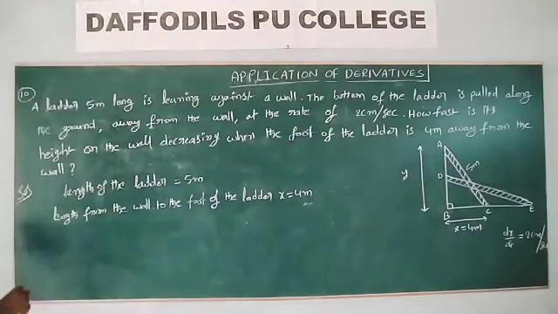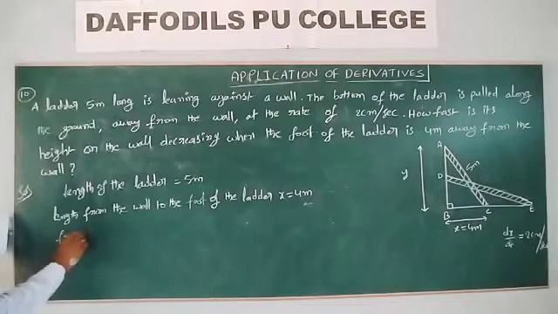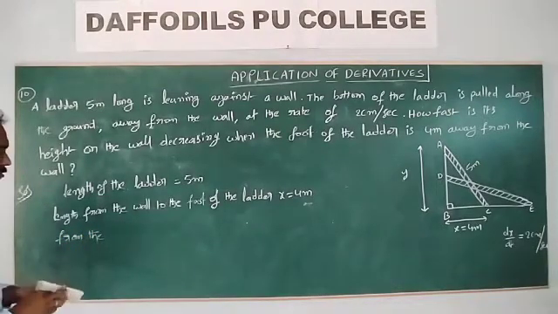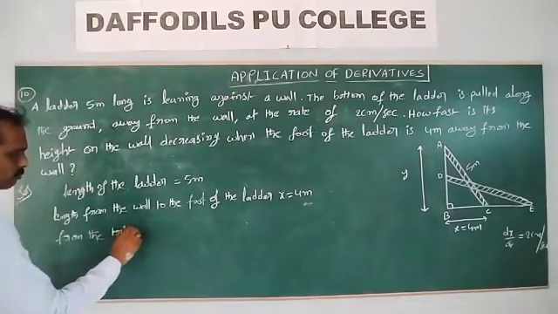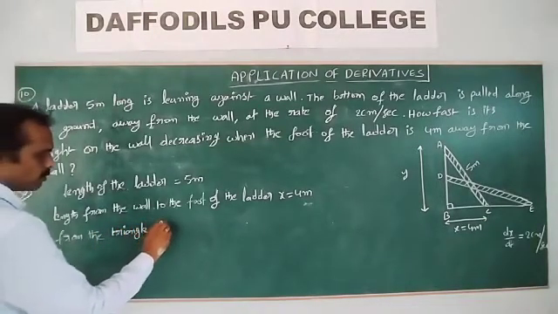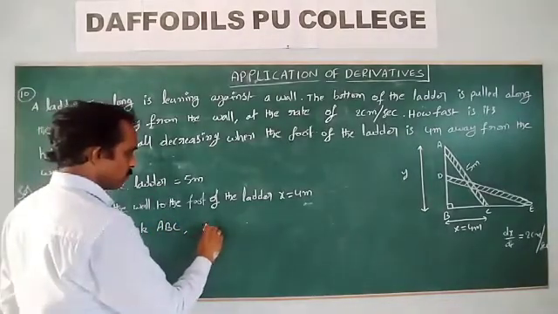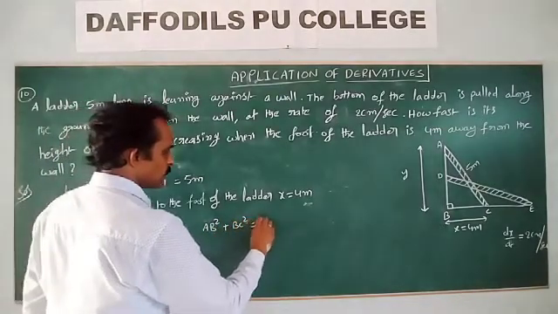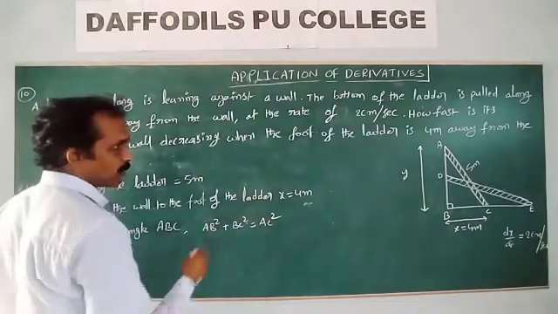First find the y value from triangle ABC. AB square plus BC square is equal to AC square, by using Pythagoras theorem in the right angle triangle.